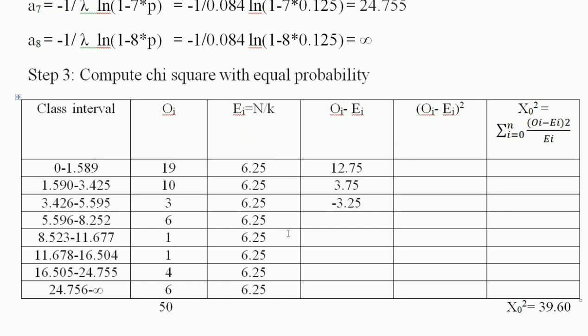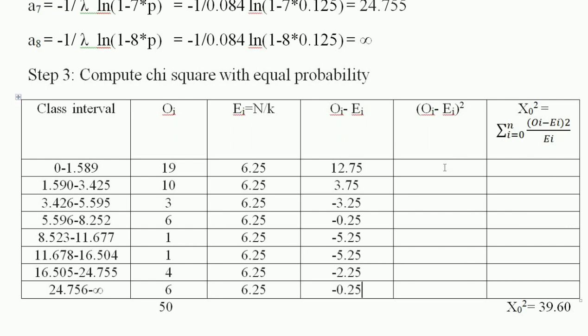Here 6 minus 6.25, so you are going to get a value of minus 0.25. Again 1 minus 6.25, minus 5.25. Again 1 minus 6.25, again minus 5.25. Again 4 minus 6.25, so you are going to get minus 2.25.